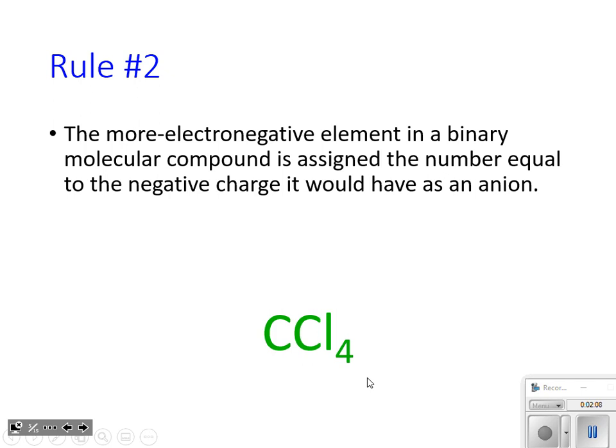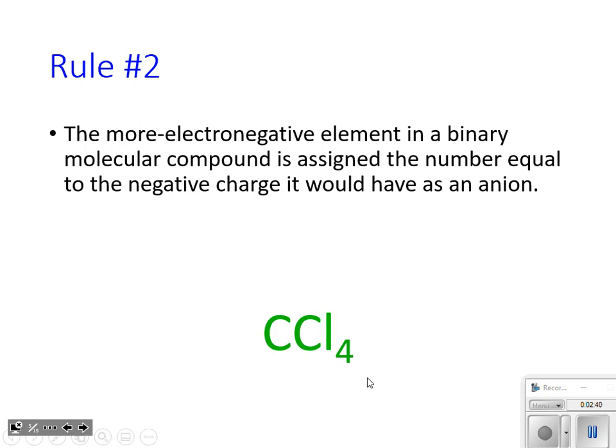As I am looking at these 2, carbon and chlorine, I say, all righty, what is the more electronegative? Well, the electronegativity for carbon is 2.55. Electronegativity for chlorine is 3.16. So chlorine is the more electronegative element.